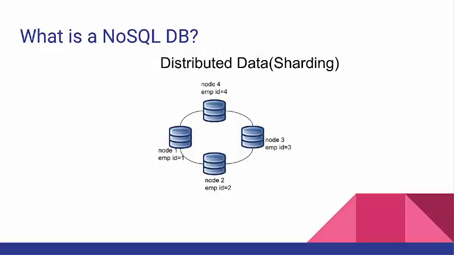The second characteristic of NoSQL database that I want to discuss is sharding. Sharding simply means distributing records over multiple rows or multiple nodes or machines. For example, let's consider an employee table that is denormalized like in the previous slide. Since the record with employee ID 1 contains all the information I need to know about an employee, I can put it on one machine, while I can put another employee's information on another machine.